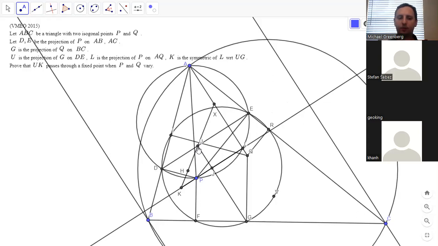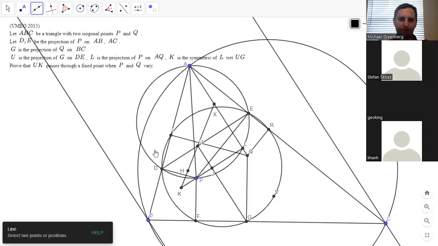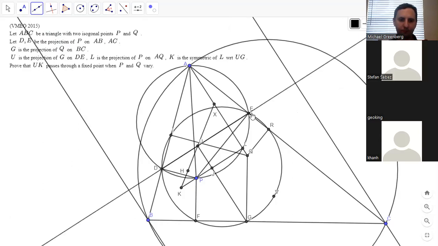May I say something? I think I found something that simplifies this. You should intersect those perpendiculars with DE. Oh, whoops. Okay. Because it is only left to show that U has the same power.